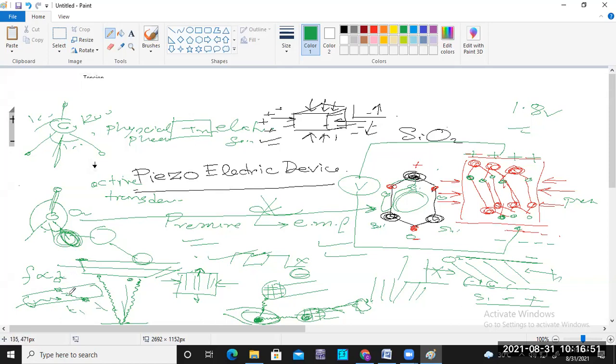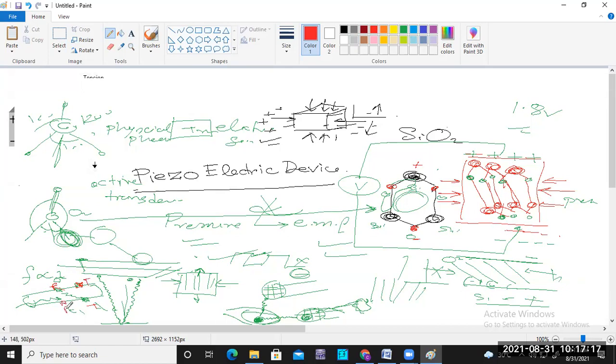But this is one pair of piezoelectric devices. An advanced piezoelectric device provides two pairs of piezoelectric active devices, where one is a receiver and another is a transmitter. Look, here is the receiver, here is the transmitter. And on the cross-sectional area in the zigzag model, there is another transmitter and another receiver.